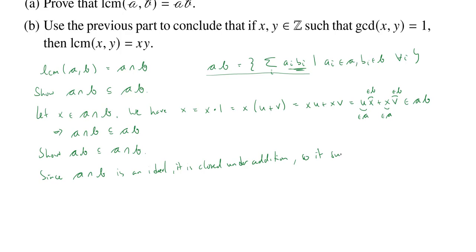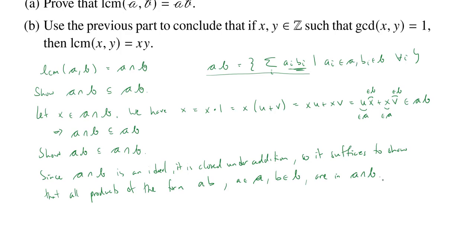So it suffices to show that all products of the form AB, where A is in ideal A and B is in ideal B, so all such products are in the intersection. Right? If I can show all such products are in the intersection, then all their sums have to be in there because A intersect B is closed under addition.